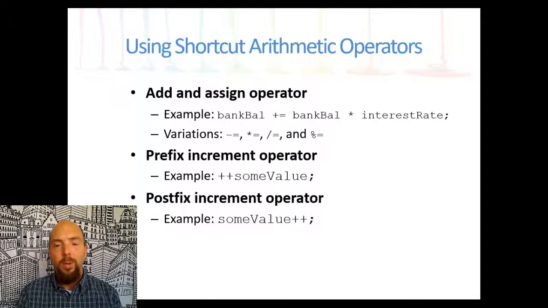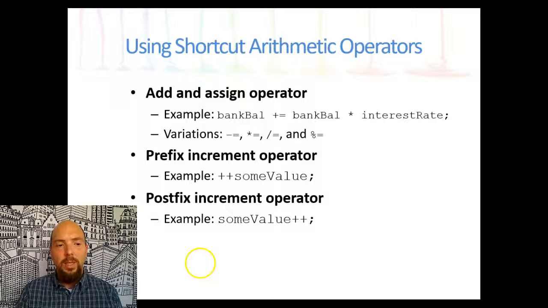Let's say I want to increment a number by 1, especially when I have a counter. If I'm counting up from 1 to 10, in other programming languages, you'd have to say something like x equals x plus 1, and then every time you go around, x gets incremented by 1, and you keep doing that. Well, in C#, I can actually do that as a shortcut.